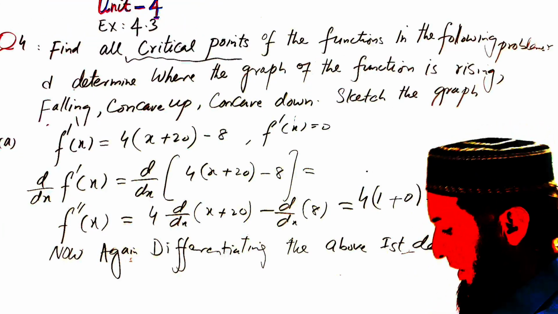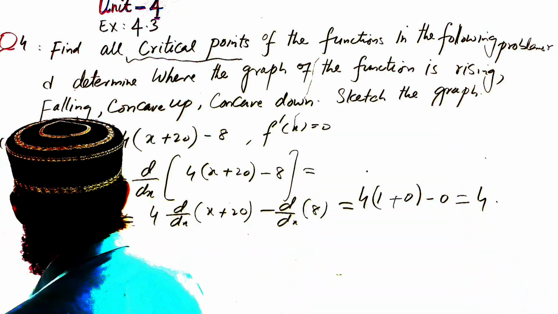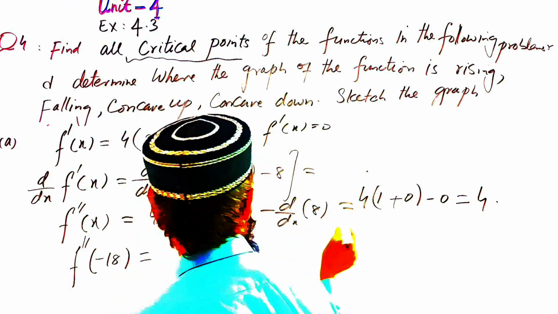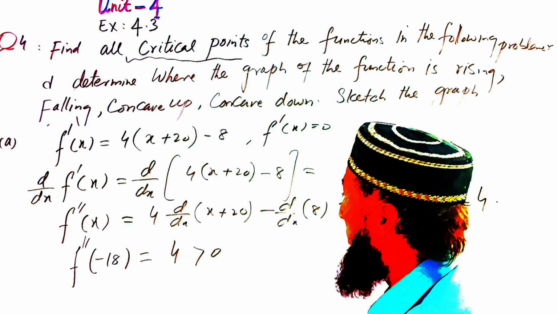If we substitute x equal to minus 18, the critical point, in f double dash, that is 4, which is greater than 0.